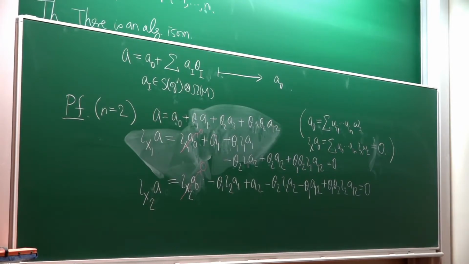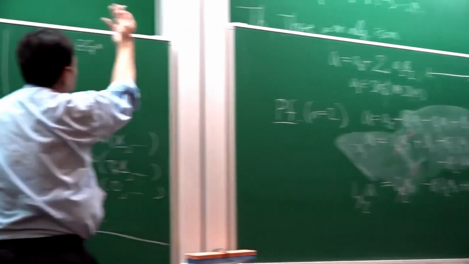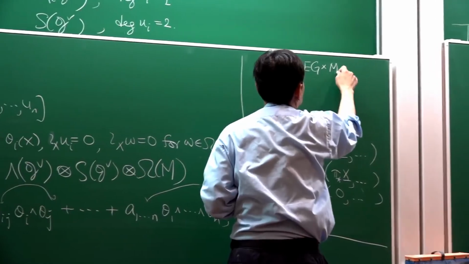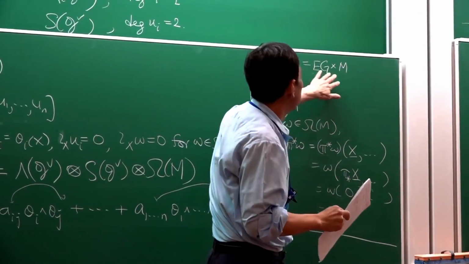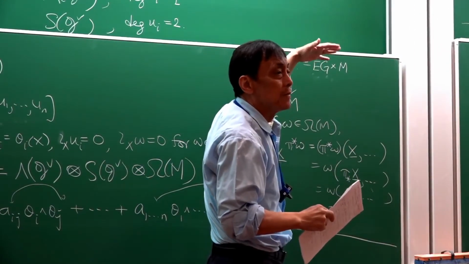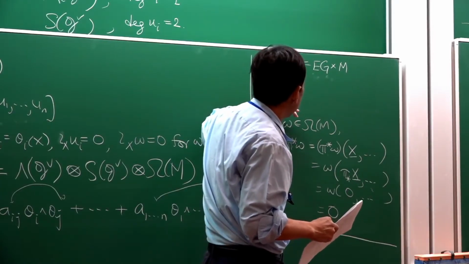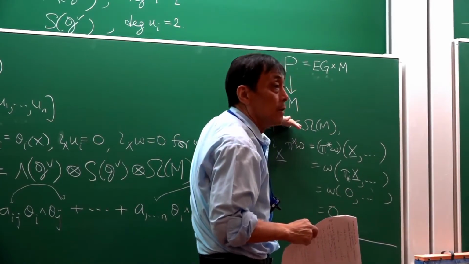You see, when you are talking about basic elements, you are talking about the total space of a bundle. And here the total space is this. So it's upstairs. And so the forms on M, they are in the base.